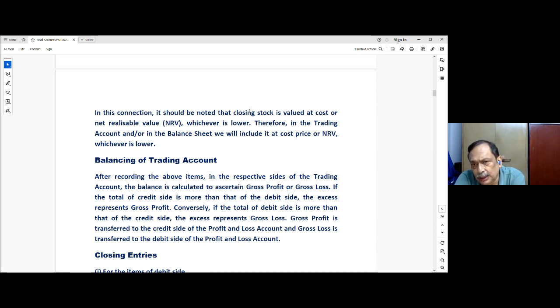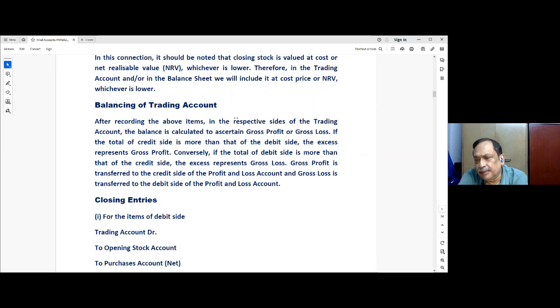So closing stock is valued at cost or net realizable value, NRV, whichever is lower. Therefore, in the trading account and or in the balance sheet, we'll include it at cost price or net realizable value, whichever is lower. So that includes the items which are to be considered in the credit side of the trading account.